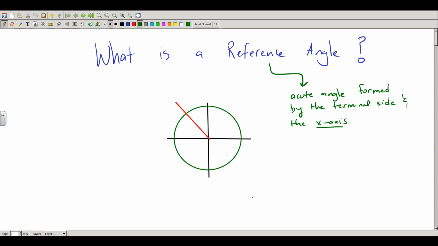The x-axis, not the y-axis, the x-axis. Also, reference angles are always positive. We never think of those angles as negative. We just think of them as positive angles. Always positive.